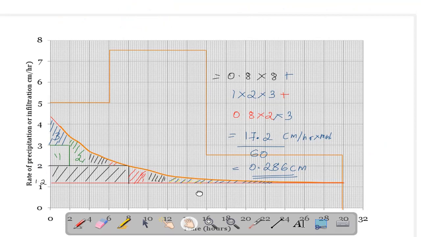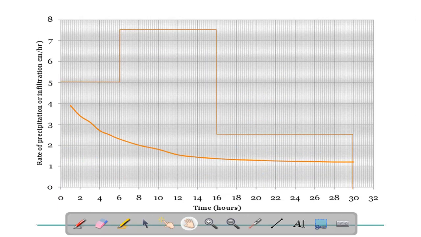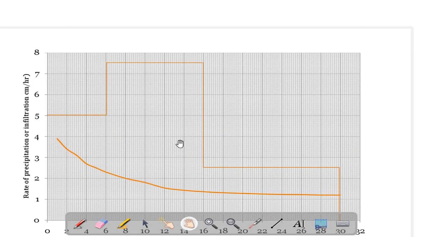Next you have to calculate the total rainfall. How to calculate total rainfall? Area under the hyetograph represents the total rainfall.